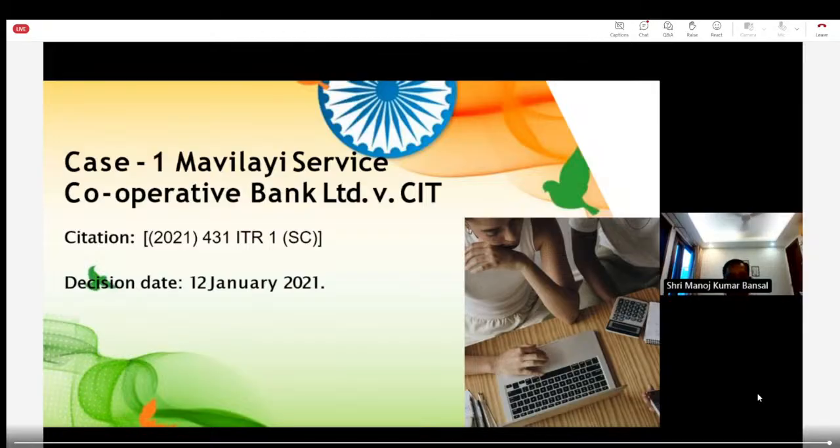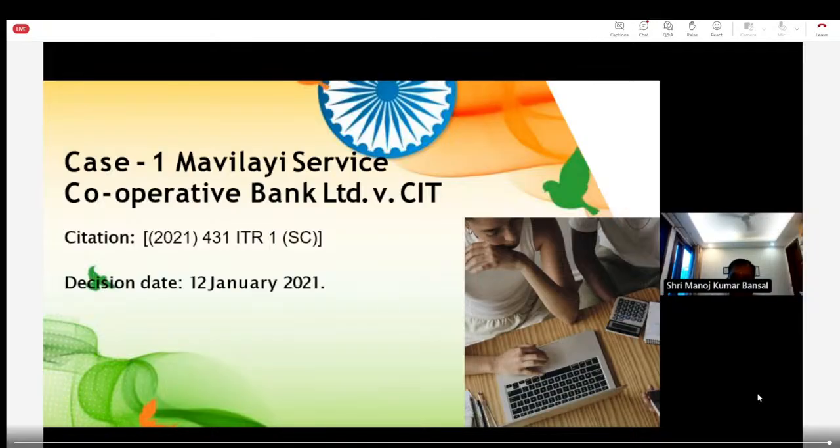Court says no, you cannot claim, because you need to get the accounts audited one month before the due date of filing the return. So this cannot be an excuse that the audit was not done. So 80P will not be available to that society.